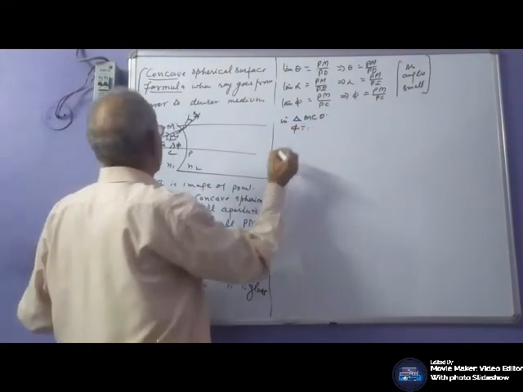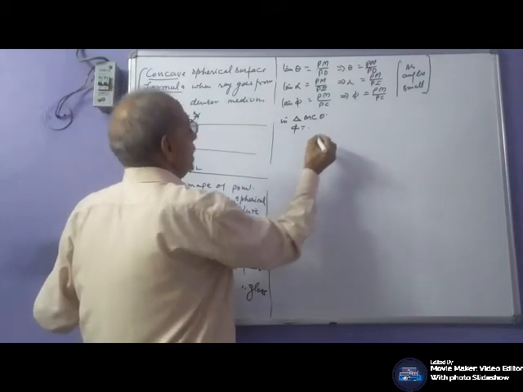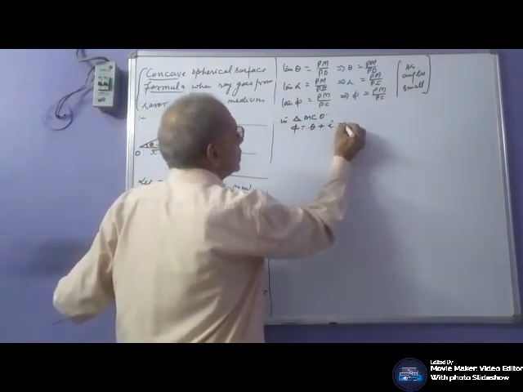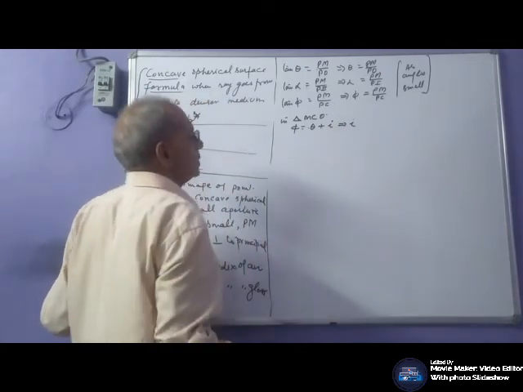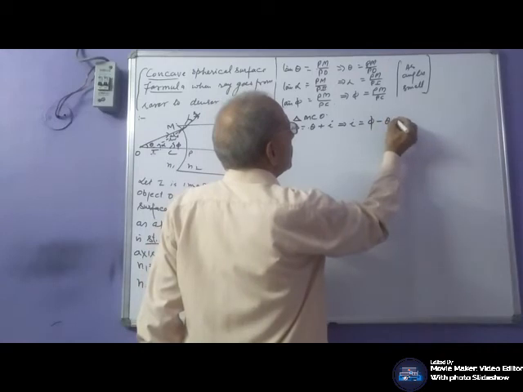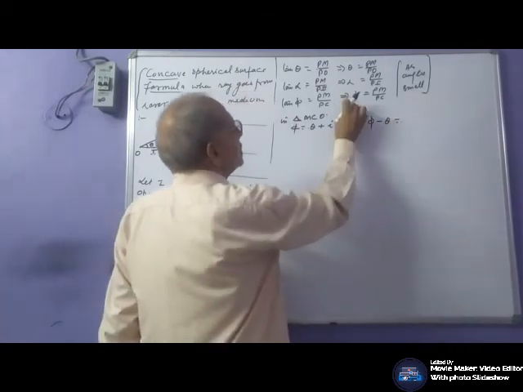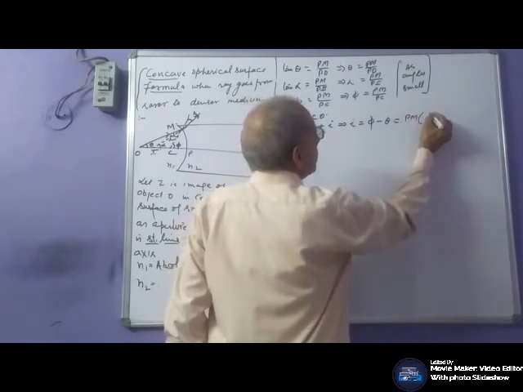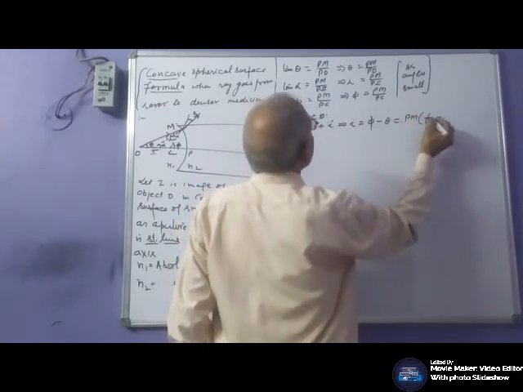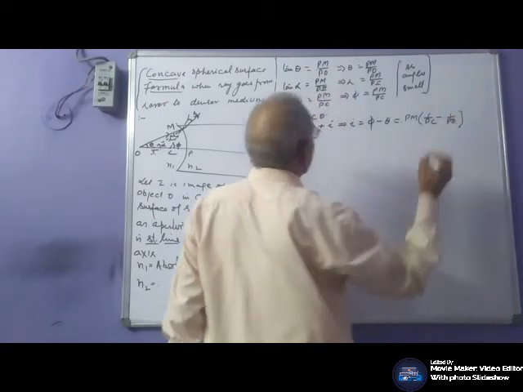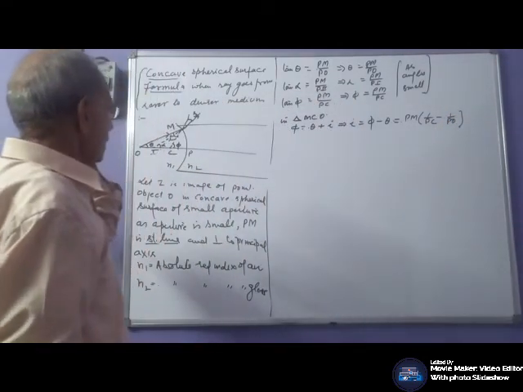Phi is theta plus I. Therefore, I is phi minus theta. Phi, this is phi, PM common, 1 by PC, theta, 1 by PO. So I we have found out.